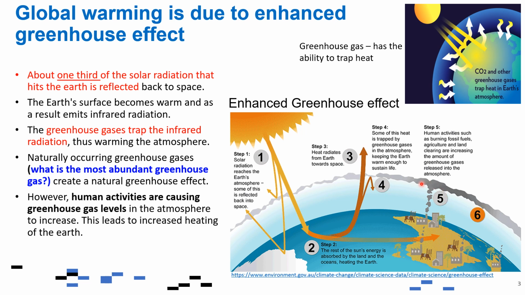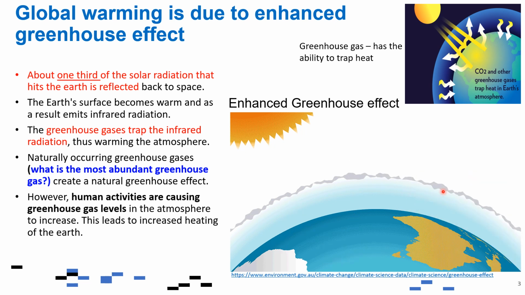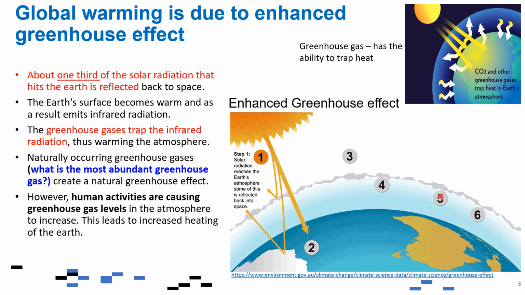But because of increased human activities like fossil fuel burning, agriculture, land degradation, and all of these things, more and more greenhouse gases are released. Because of the enhanced concentration of greenhouse gases on Earth, the Earth now has more ability to trap heat compared to the natural phenomenon of the heating of the Earth.